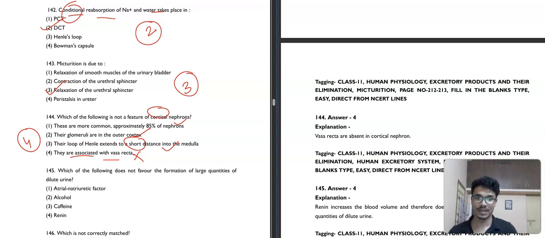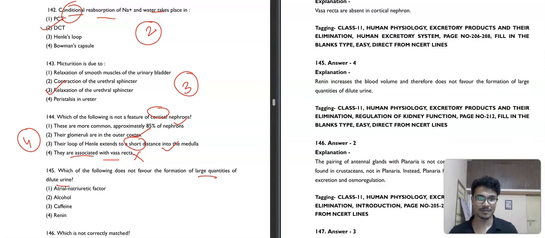Next question 145: which of the following does not favor the formation of large quantities of dilute urine? ANF, atrial natriuretic factor, alcohol, caffeine or renin. So renin increases the blood volume and therefore does not favor the formation of large quantities of dilute urine, fourth option.